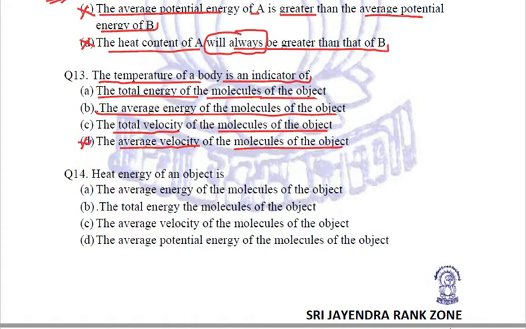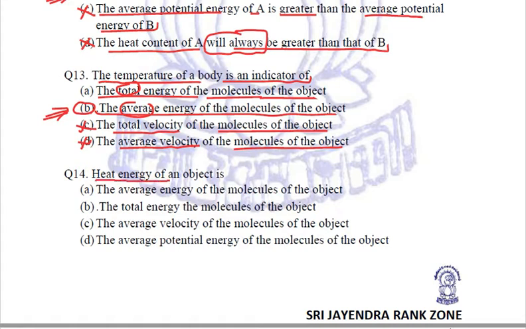It can't be velocity, we know that. So left is the energy. So the temperature of a body is an indicator of the total energy or the average energy. It is the average energy of the molecules of the object. Clear? So B will be the answer you are going to mark. Let's see the next question.